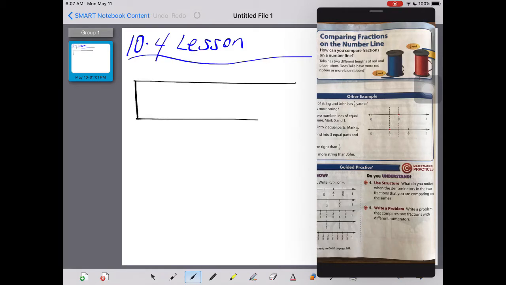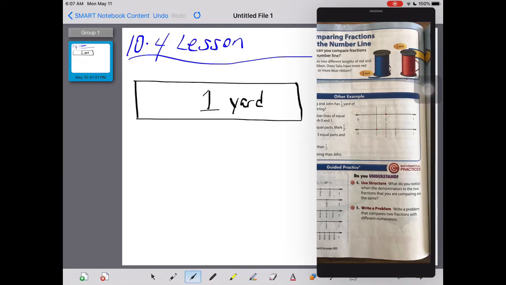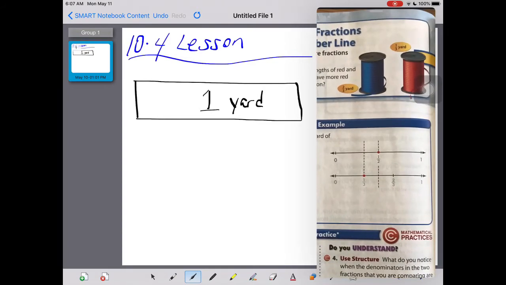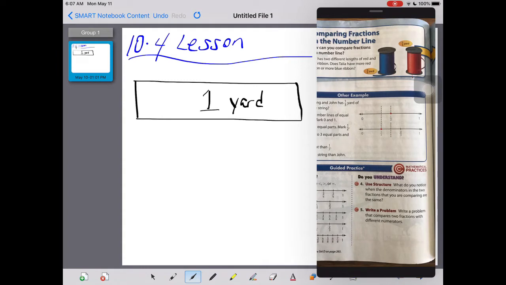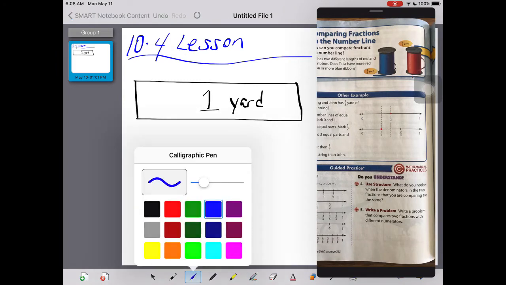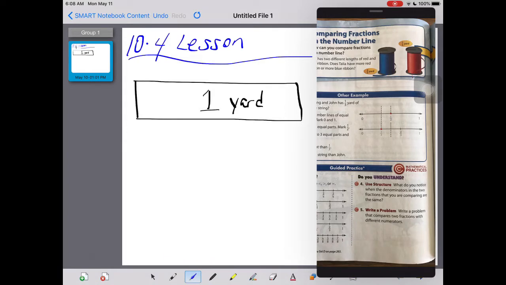First I'm going to draw a rectangle representing one whole, one full length, actually 1 yard in this case, because it says 2/3 of a yard and 1/3 of a yard, so that's a portion of a yard. So let's do 1 whole yard.